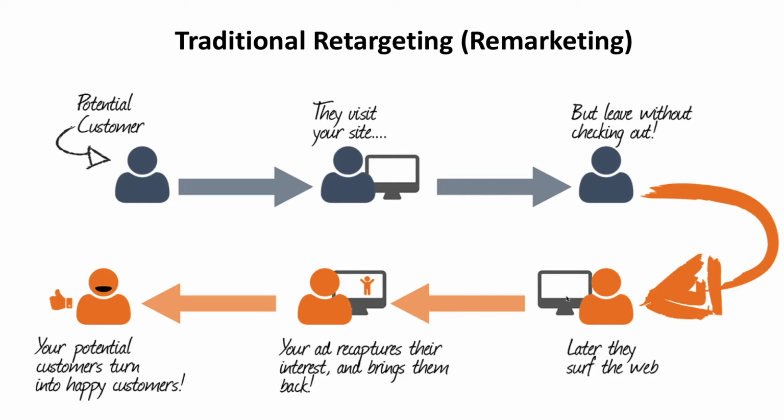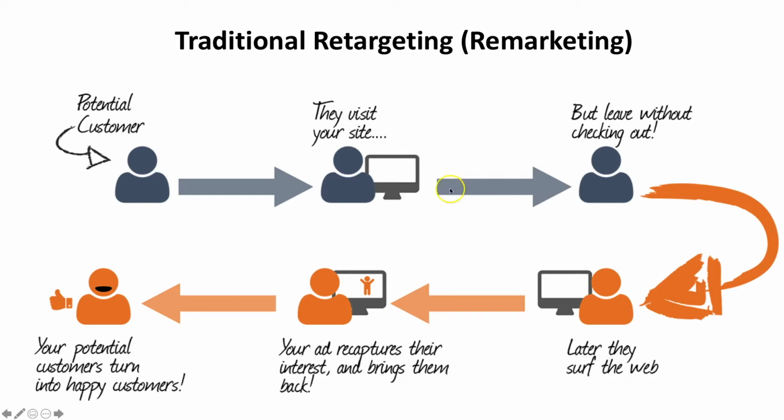Say you go to Amazon and you go shopping, but you haven't really made a decision yet. So you leave Amazon and you don't actually buy anything. And then when you're on Facebook, lo and behold, you see an ad for the exact product that you were looking at on Amazon. That recaptures your interest and brings you back to Amazon, and so you buy something.